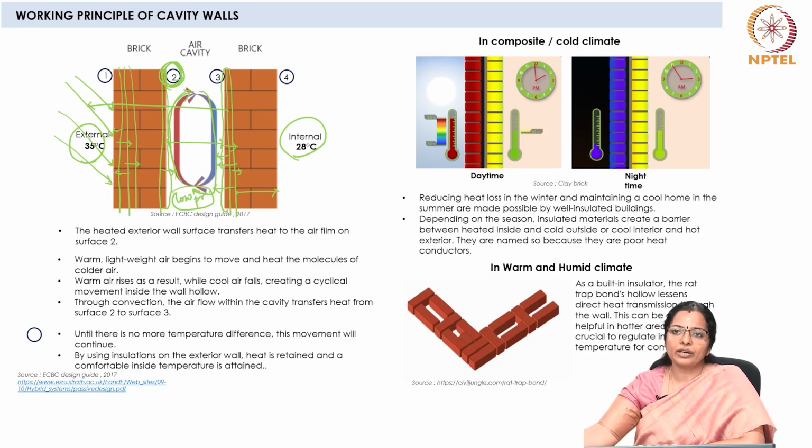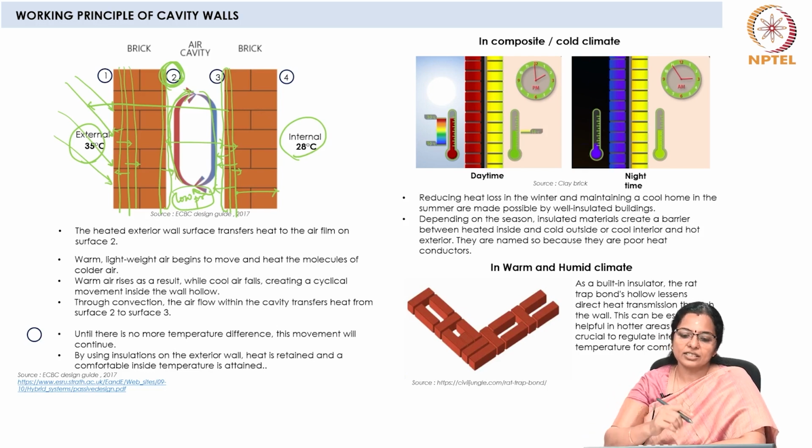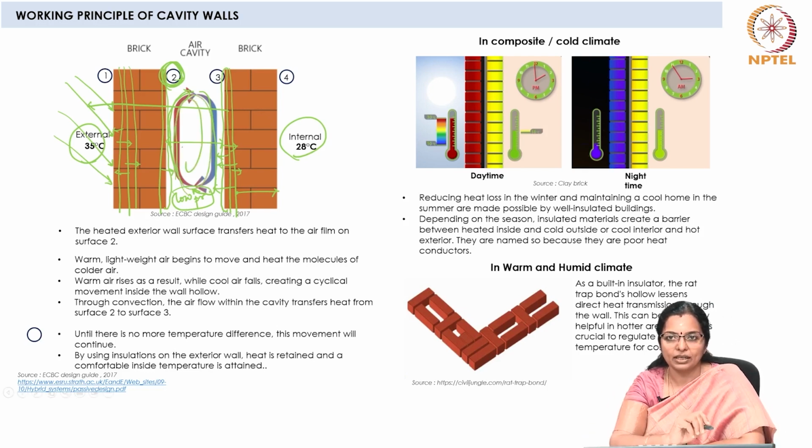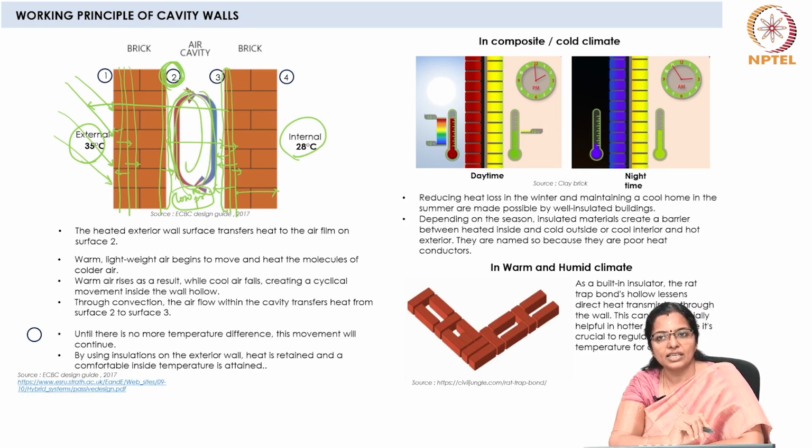Until there is no more temperature difference, this movement of air will keep on happening, and by using insulation on the exterior wall, heat is retained and it becomes comfortable inside.